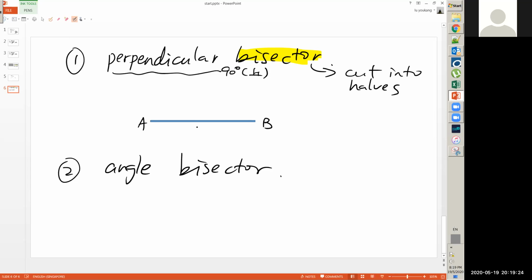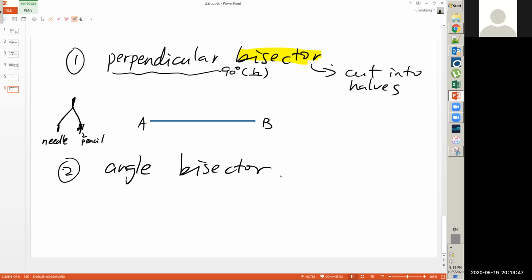Imagine you are using this projector now. This is the needle, and this is the pencil of your projector.